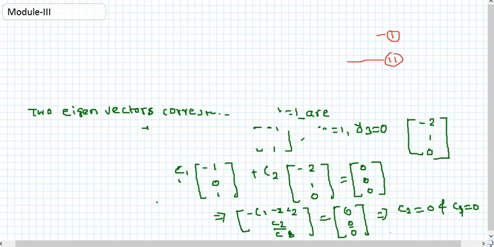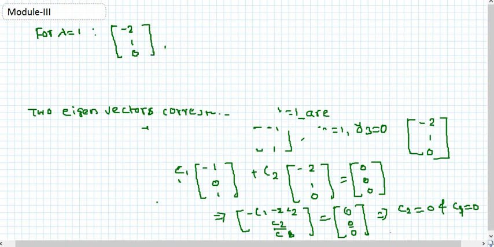Corresponding to lambda equals 1, we get two different eigenvectors: minus 2, 1, 0, and another eigenvector, minus 1, 0, 1. These are our two linearly independent eigenvectors corresponding to lambda equals 1 of the matrix A.